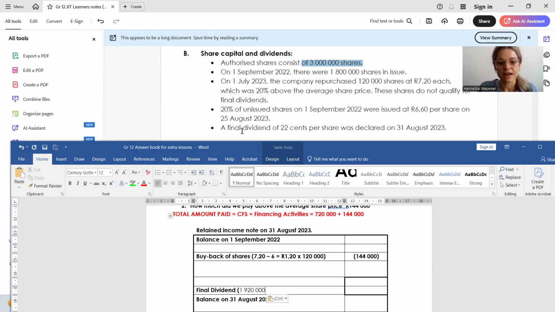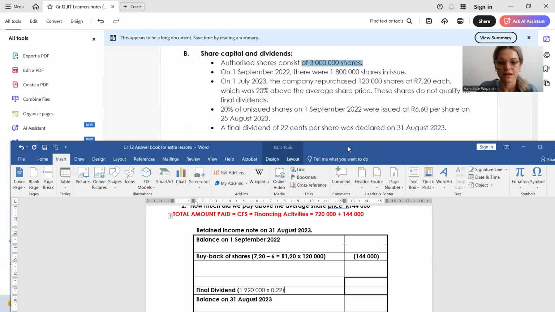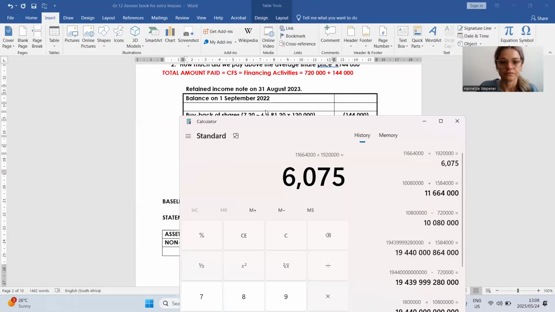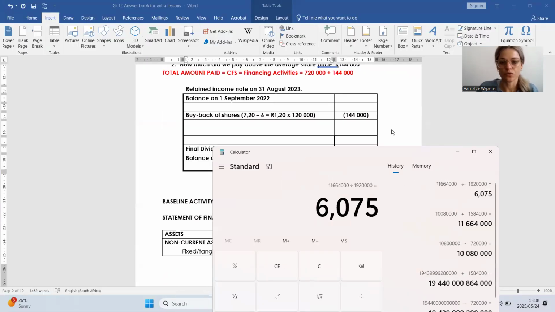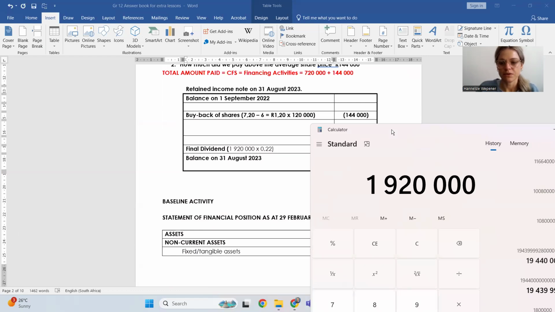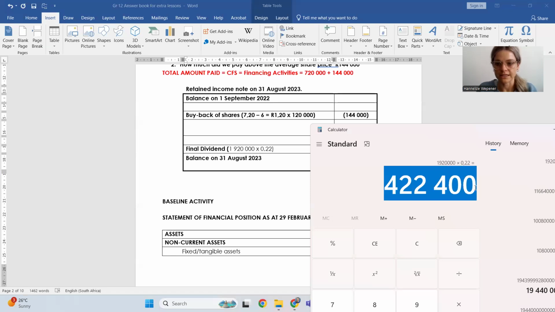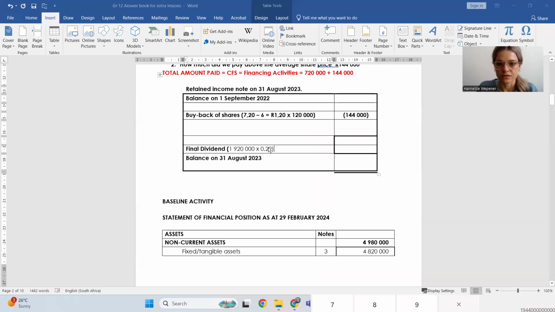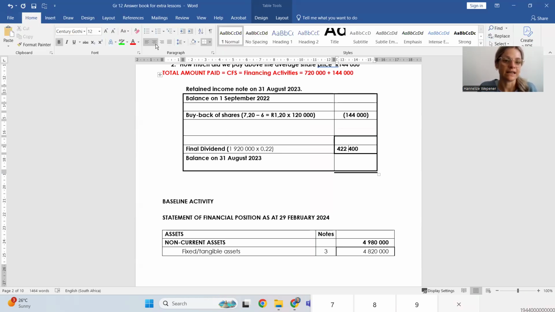And it is a final dividend of 22 cents per share. So number of shares in issue multiplied by 22 cents. They didn't ask for the retained income note in this question, so I just added this to show a few things that I thought you could benefit from. There we go. Okay, so that is my final dividend declared.